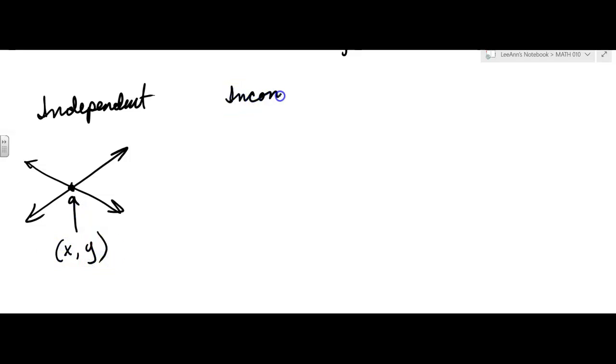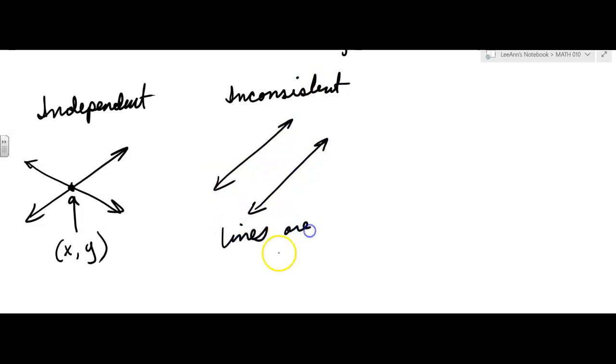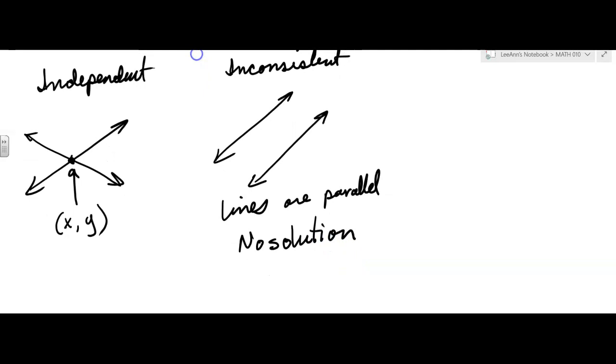Inconsistent. An inconsistent system is where the lines are parallel. No solution. Now, just remember, parallel lines have the same slope.